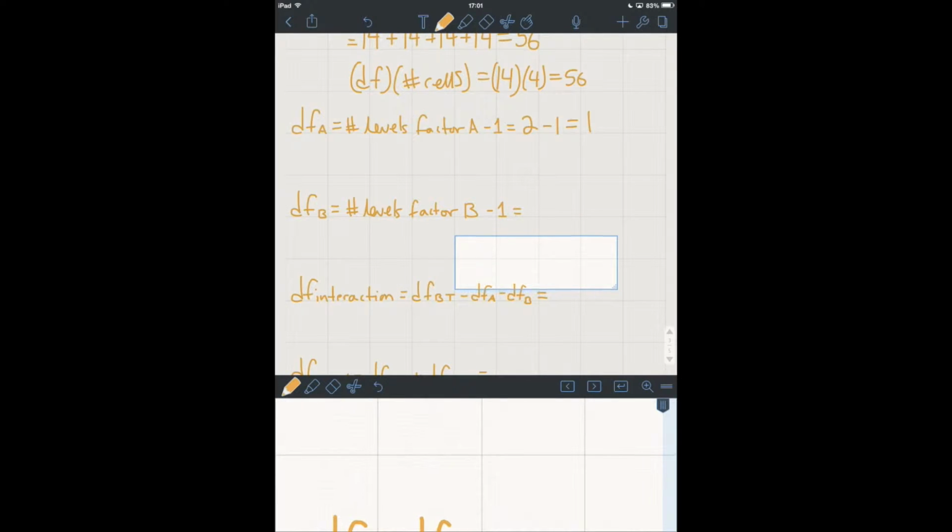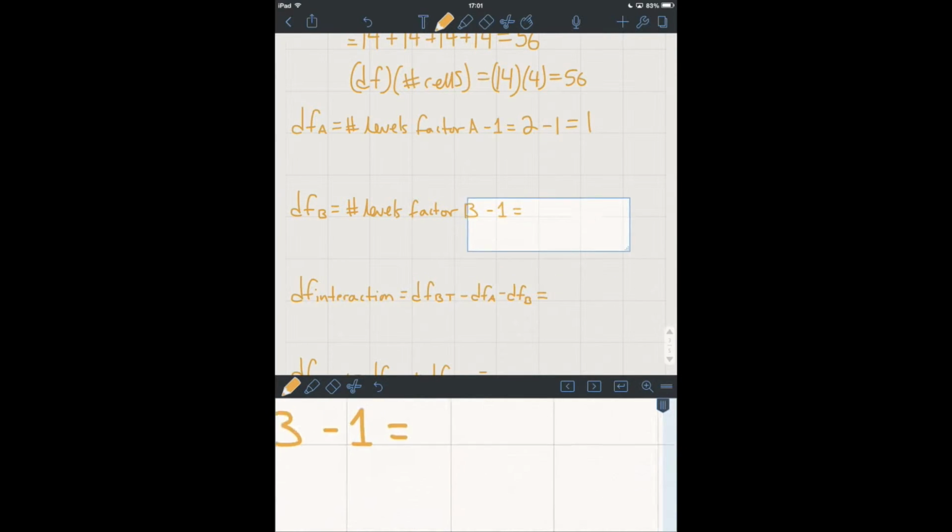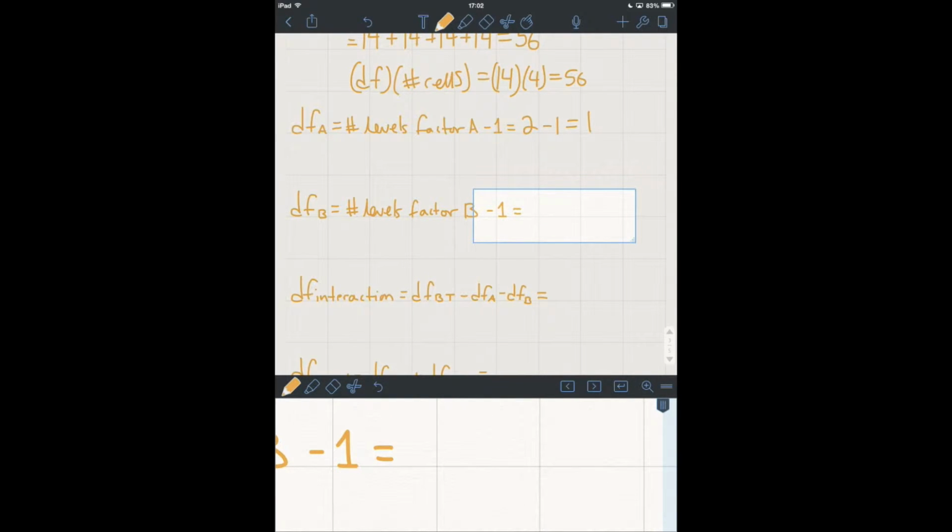And so for degrees of freedom for factor B, which is audience condition, if you remember from the table above, we have 2 conditions, no audience and audience. So the number of levels for factor B is 2 minus 1 will give us 1 degree of freedom.